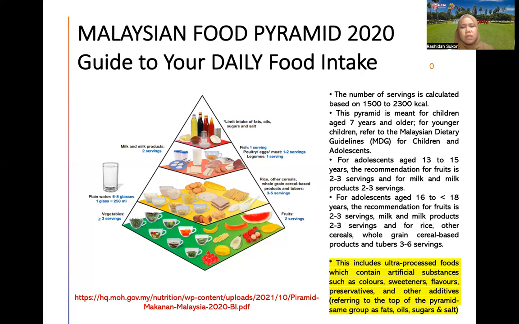It's only 1 or 2 pages, I think. The number of servings is calculated based on 1,500 to 2,300 kcal. This pyramid is meant for children aged 7 years and older. If you have younger children, you have to follow.